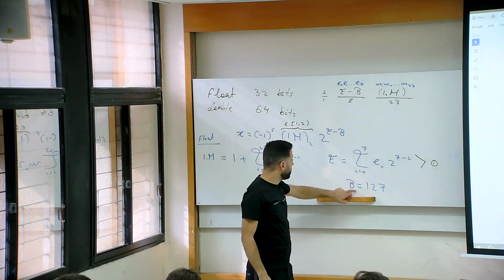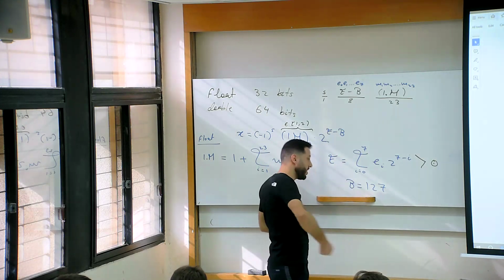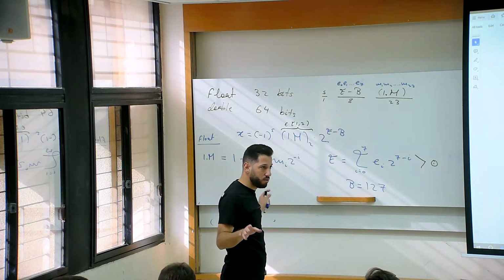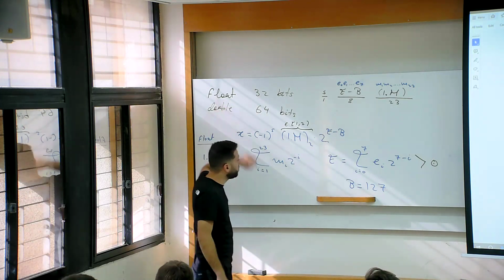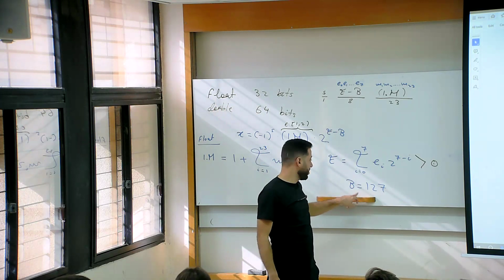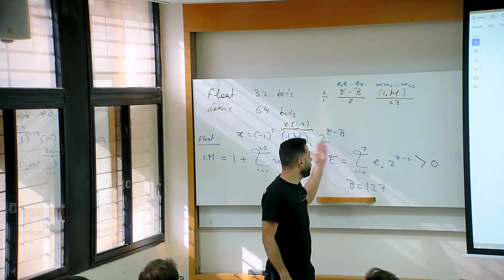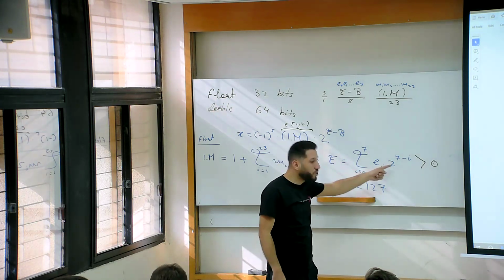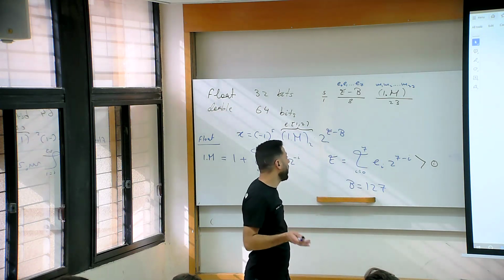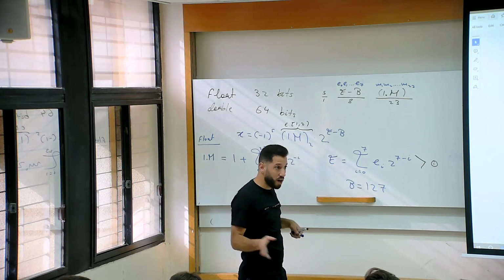Without this bias, if b is 0, I can only store numbers that go from 1 up to large numbers like 2 to the 100, 2 to the power of 255.